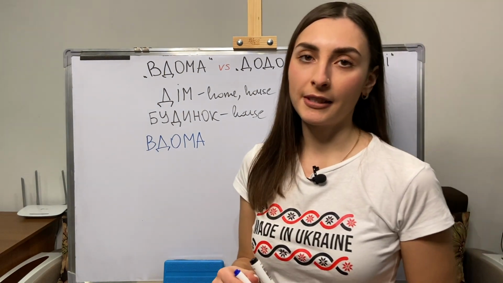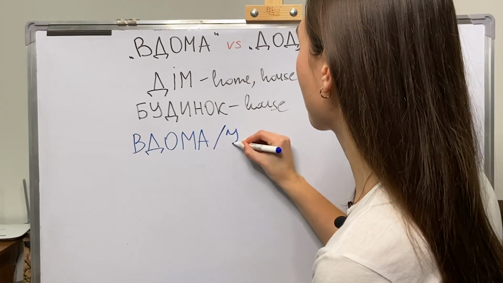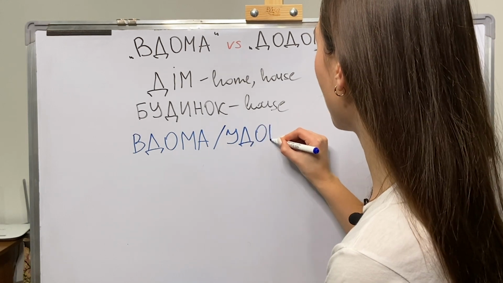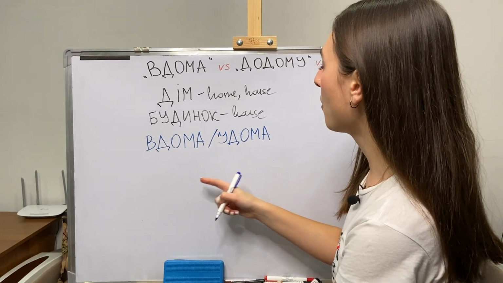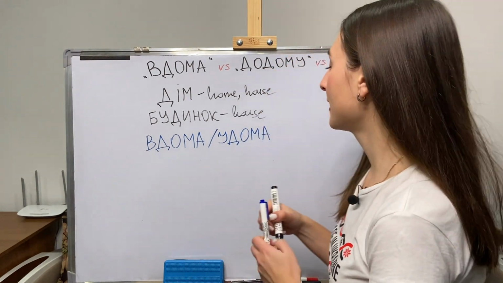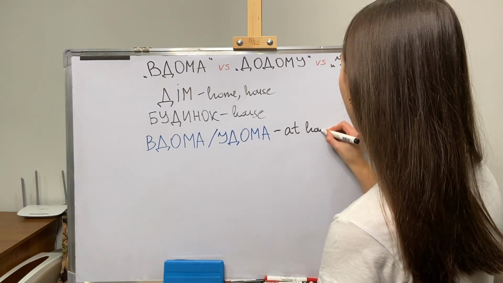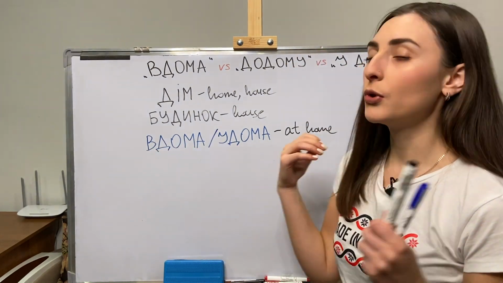Also, you can see another variant of this word like у дома. And I want to tell you that ВДОМА or у дома is the same word. That means at home. So at home means ВДОМА or у дома.